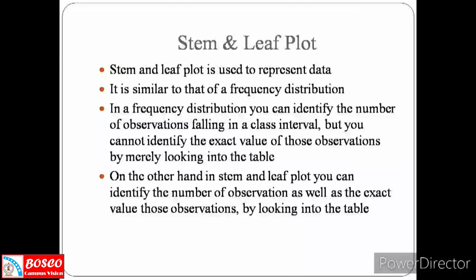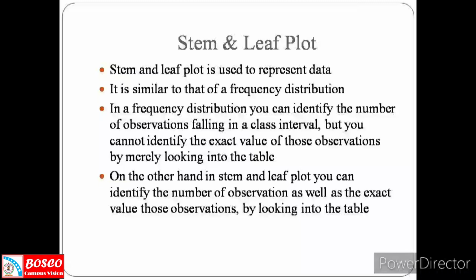The stem and leaf plot is used to represent data. It is similar to a frequency distribution. In a frequency distribution, you can identify the number of observations falling in a class interval, but you cannot identify the exact value of those observations by merely looking at the table.